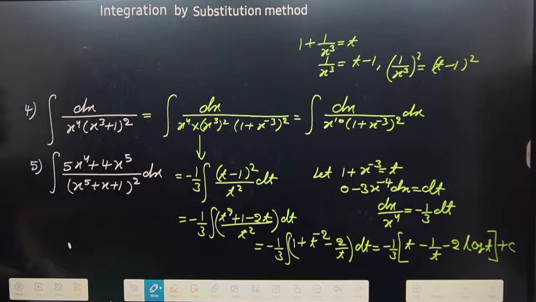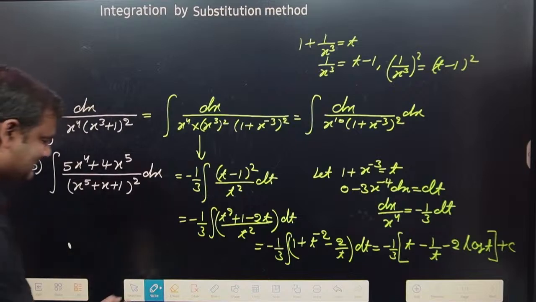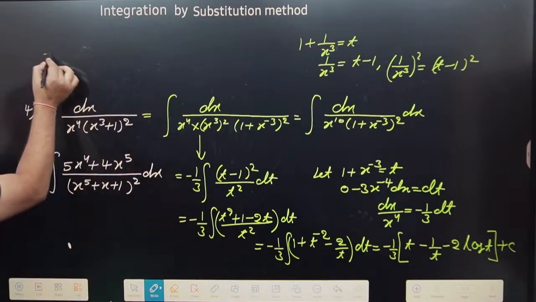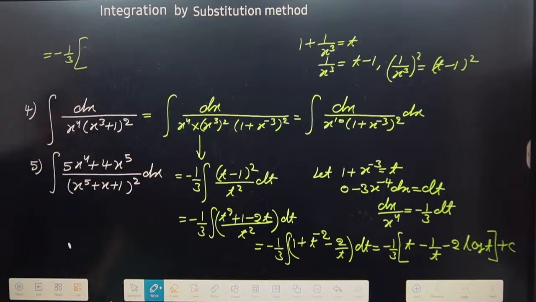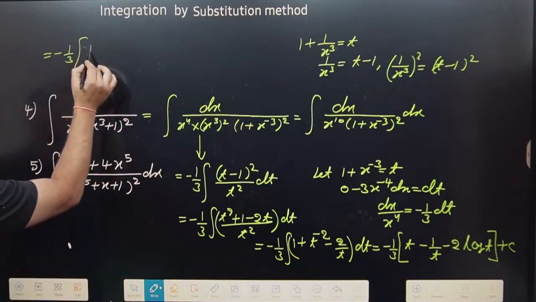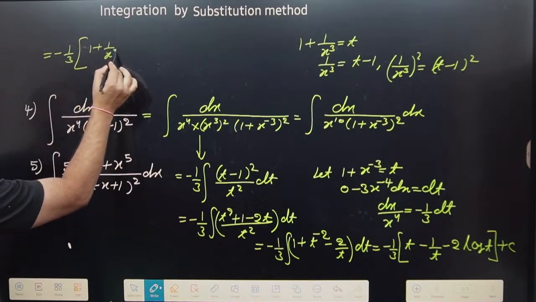Okay. After that, the final answer is minus 1 by 3 into (t minus 1 by t minus 2 times log of modulus of t) plus c, where t is basically 1 plus 1 by x cube.